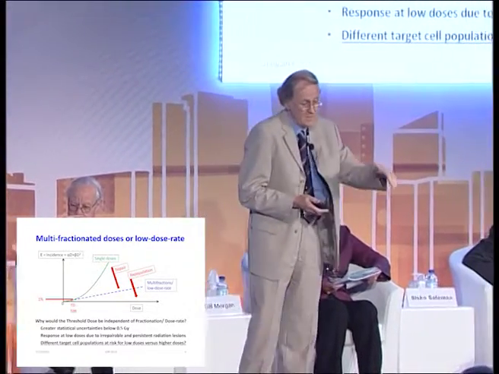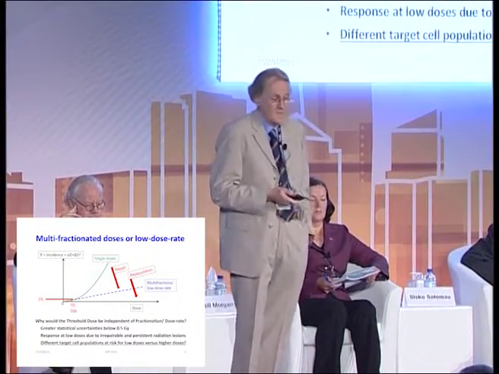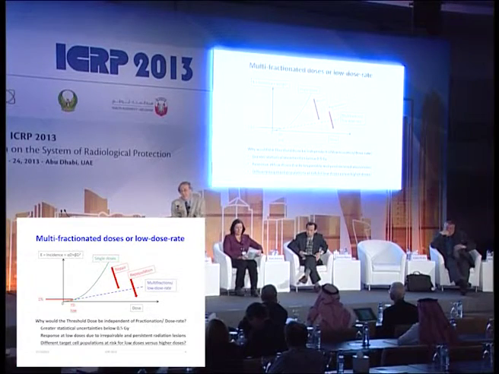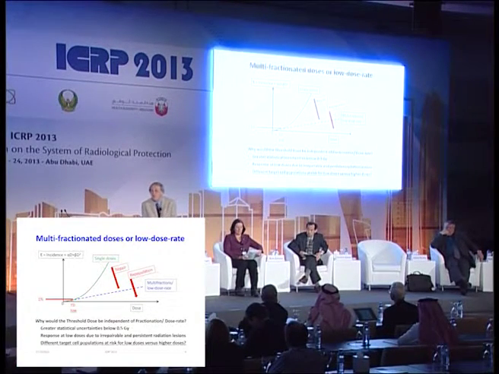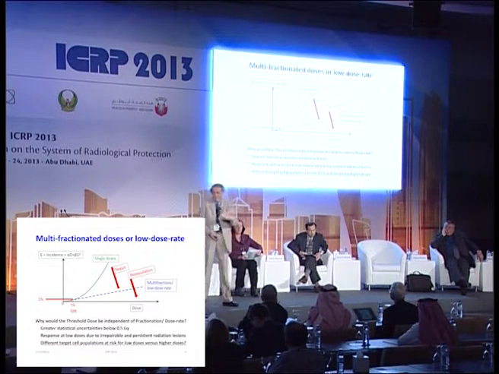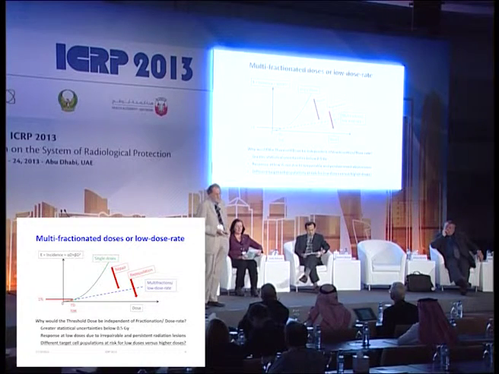So here's the linear quadratic curve in green, and if you're at low doses, then you are dealing with the alpha component only, which may be fixed or even declining, as some people think.